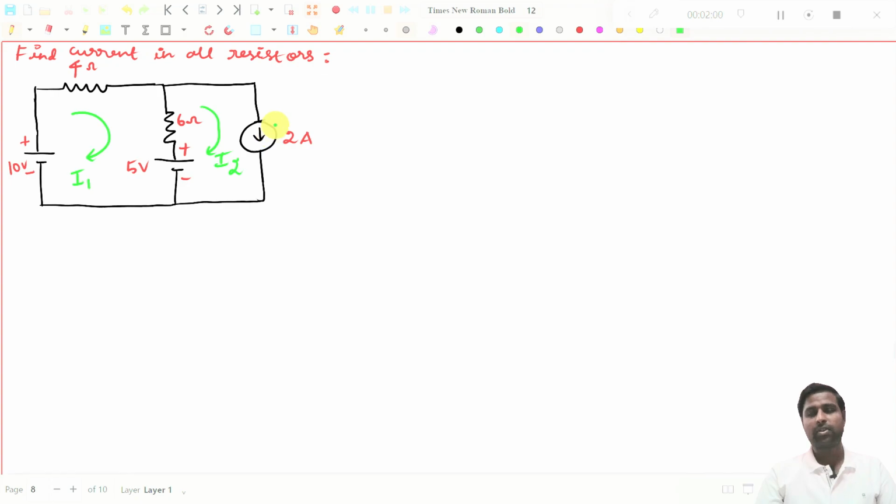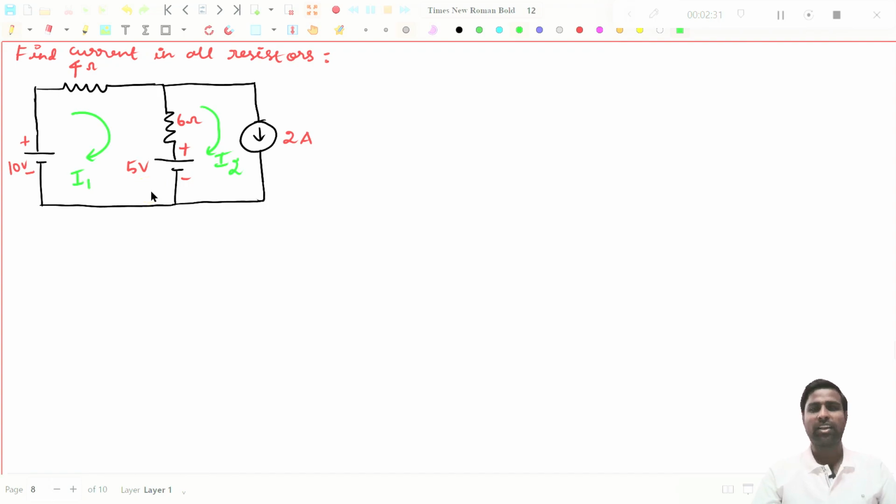We have seen problems using voltage sources in the previous lecture, but if a current source is given in any one of the loops, you see this 2 ampere source is only connected to the second loop. So you have to assume that I2 is in this clockwise direction, since it is already given. You cannot take this current in the anti-clockwise direction. That you have to keep in mind.